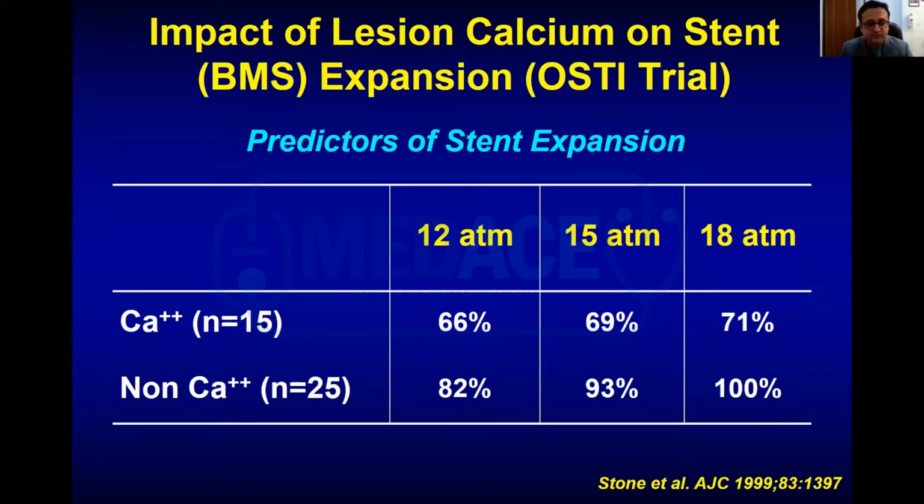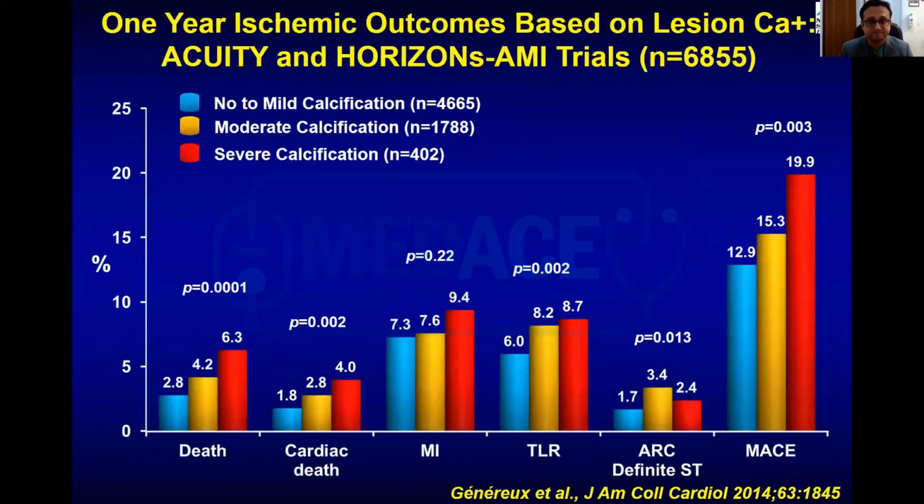Even at 18 atmospheres, and I doubt that a lot of us use 18 atmospheres with our stent balloons, only two-thirds of the patients achieve adequate stent expansion. That is an eye-opener, and it should be an eye-opener for people who don't consider calcium as much of a problem.